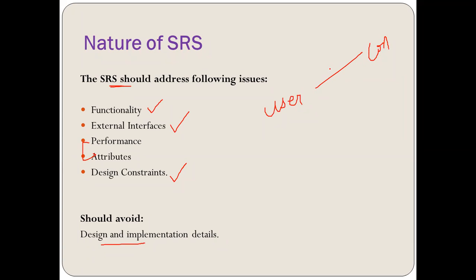So the user is not concerned what the design will be. He is concerned regarding the functionality, the performance, the constraints, the external interfaces, the attributes of the software. That's all. He is not concerned about the design. So that is why the scope or the nature of SRS will lead from here to here.